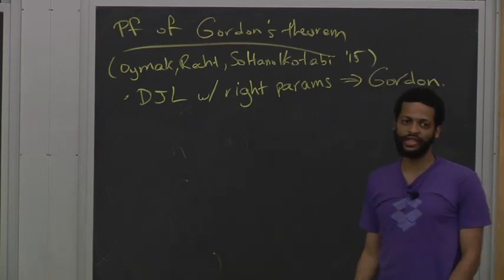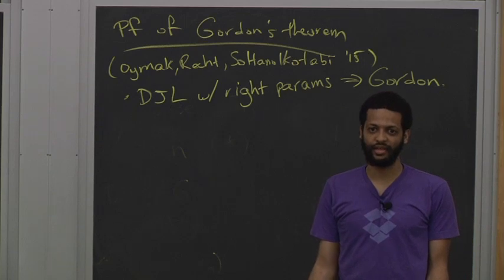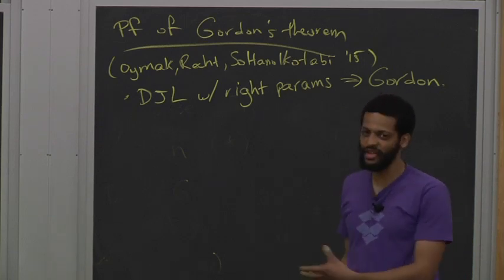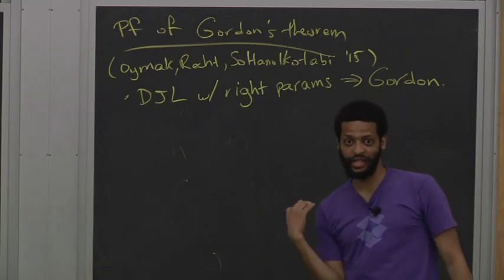So we saw that Gordon's theorem implies JL because G of t is never bigger than root log t. What they showed is actually you can go the other way around. If you have DJL, it implies Gordon's theorem.